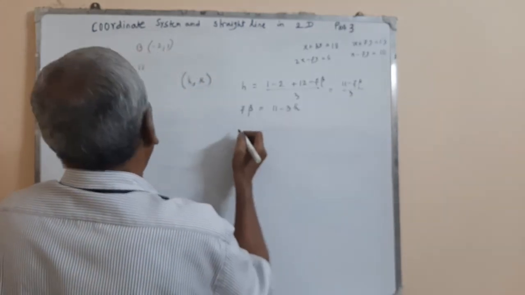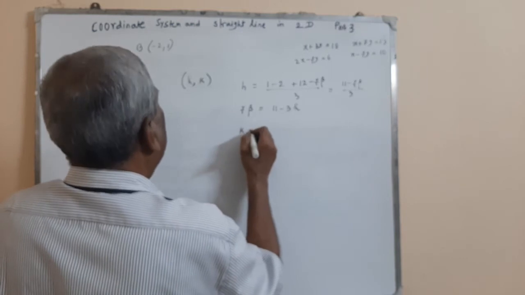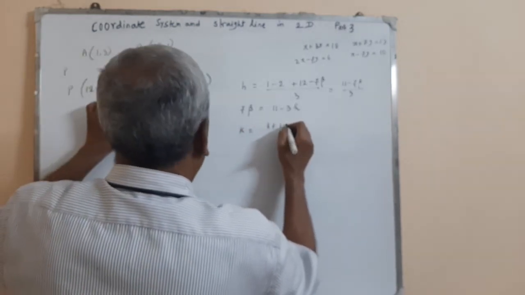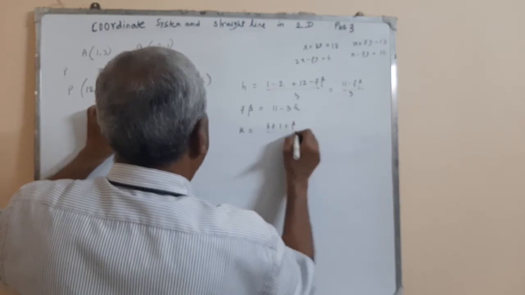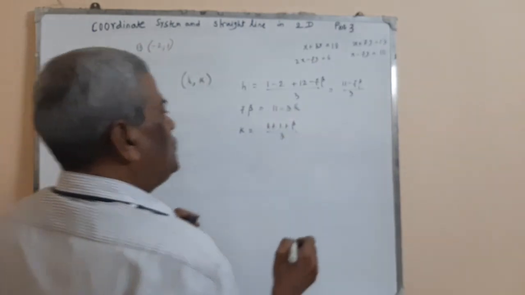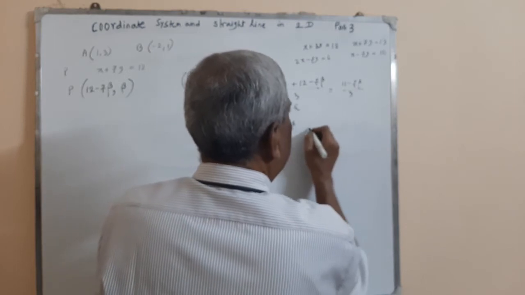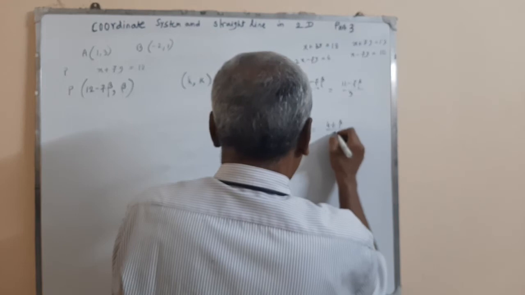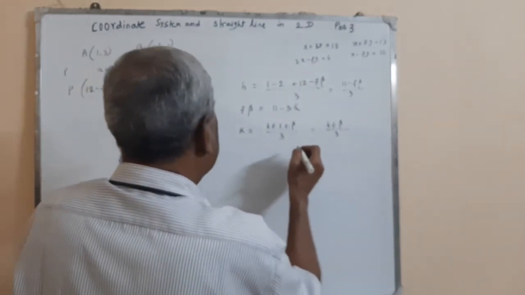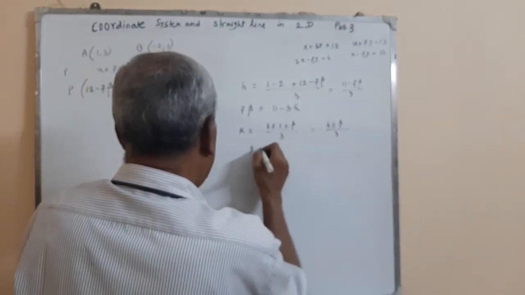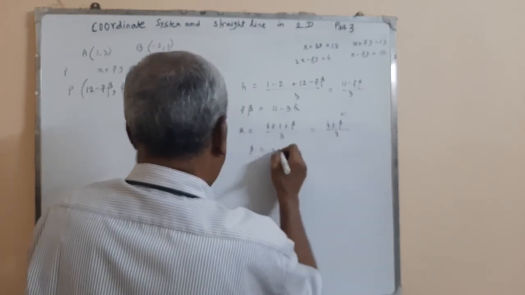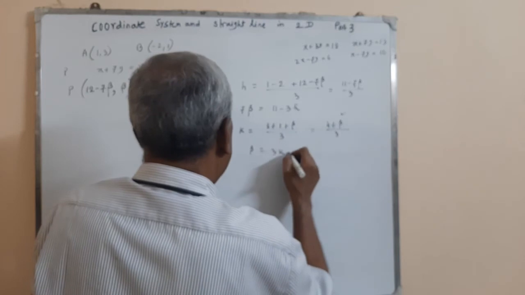And the second coordinate k is equal to (3 plus 1 plus beta) divided by 3. That is, we get (4 plus beta) divided by 3. That is, beta is equal to 3k minus 4.